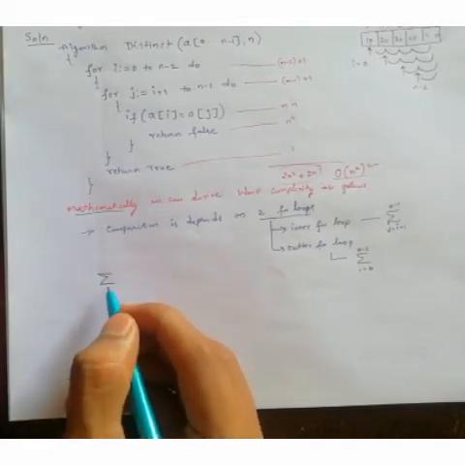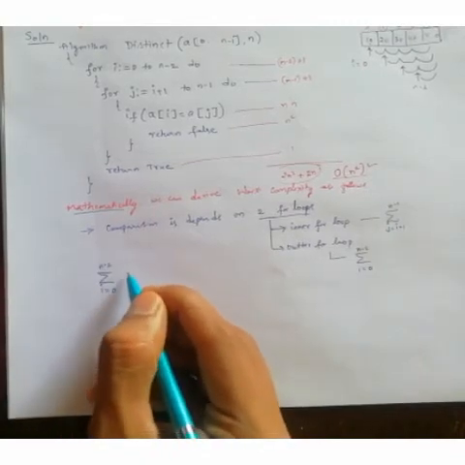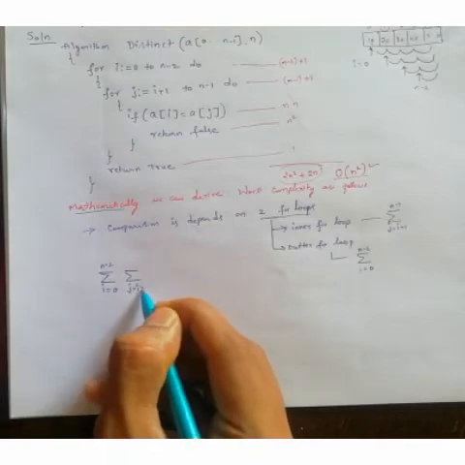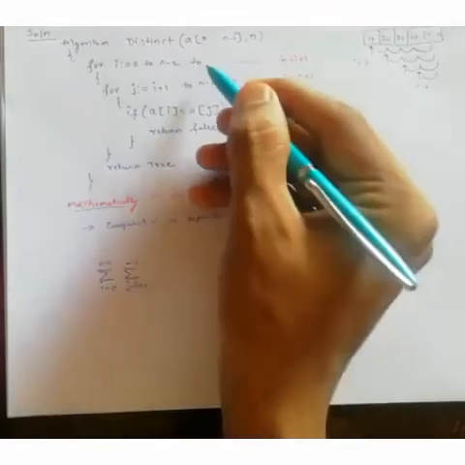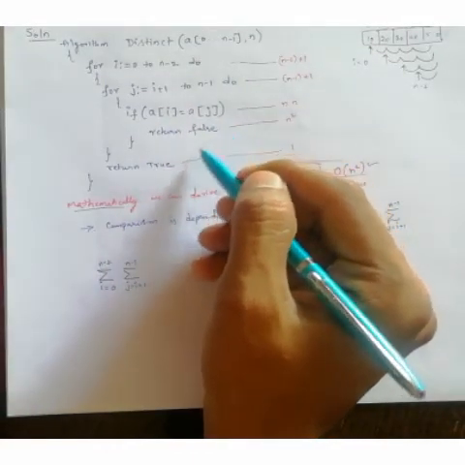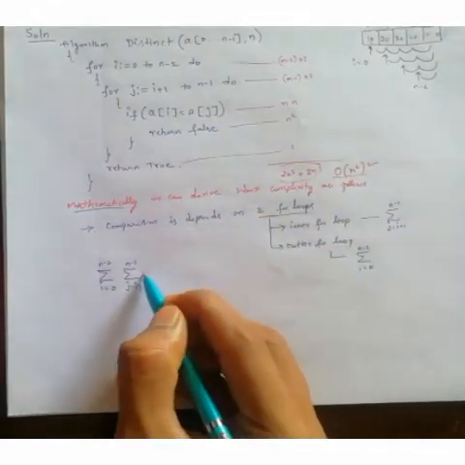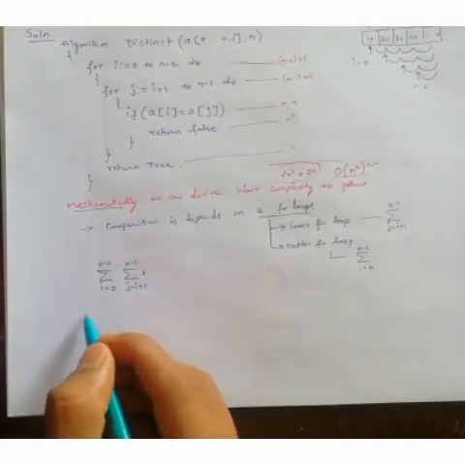Summation of I is equals to 0 to n minus 2, summation of j is equals to I plus 1 to n minus 1, and after these two for loops, what will I return? Either true or false. That is one time I will repeat. So I will write 1. That's it.